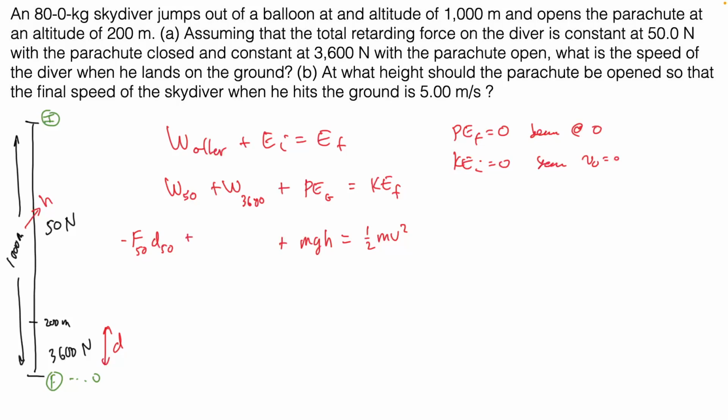Plus, we're adding these works up. Talk to me about the work that the parachute does. Also negative work. So why do I have a plus sign in here? I'm adding together all of the works that I have in the problem.